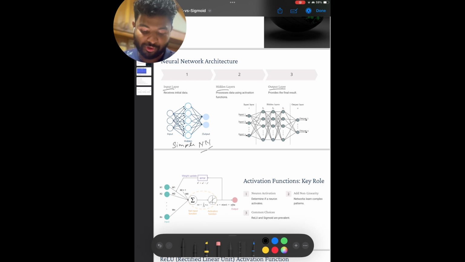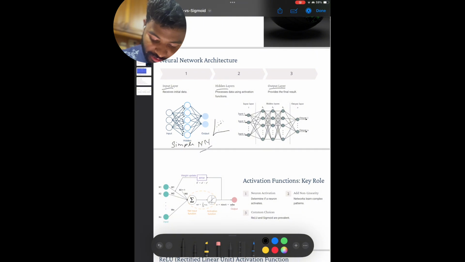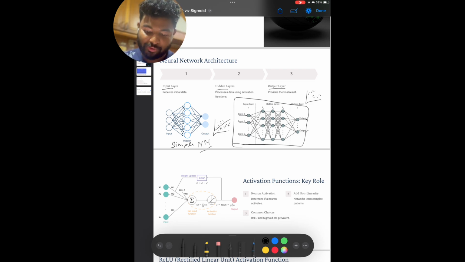When we think about a simple neural network, it would be very easy for it to differentiate two classes. But when it comes to a very complex one, where it has to differentiate non-linearity, at that point it becomes very difficult. Hence we need something more complex, with more than one hidden layer.